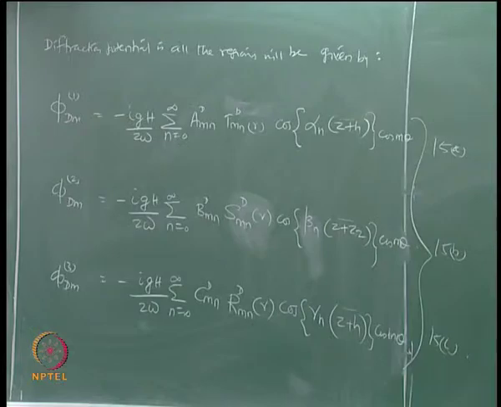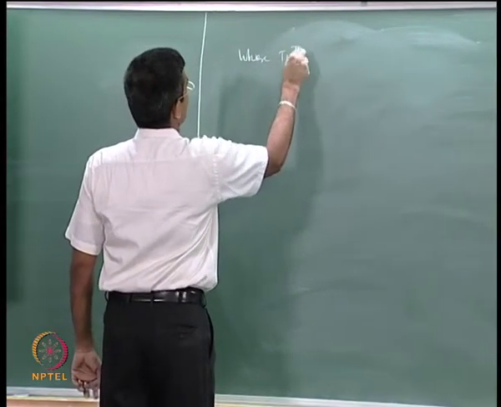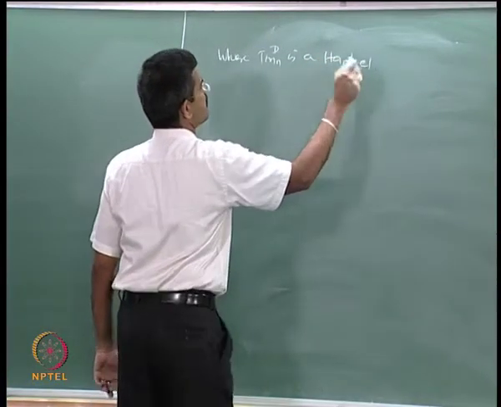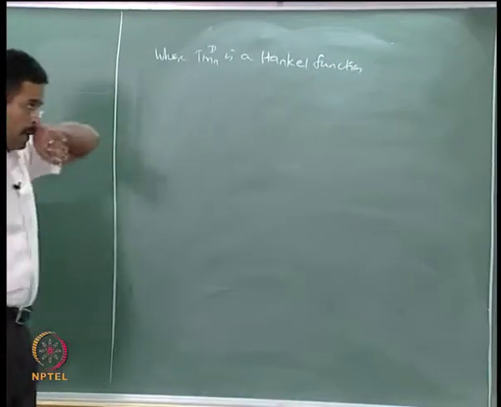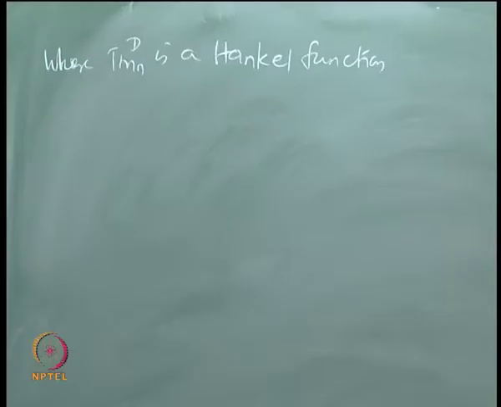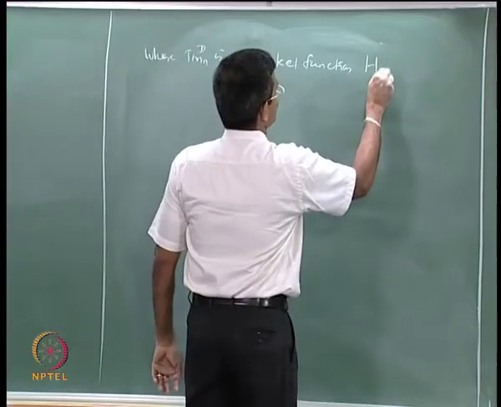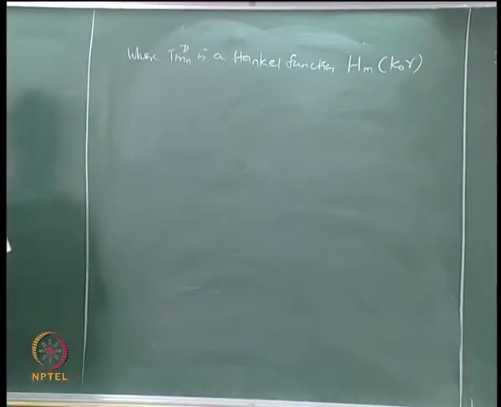In this argument, there is a Hankel function, Tmn of d, which is Hm with an argument of k0r, that is a Hankel function.